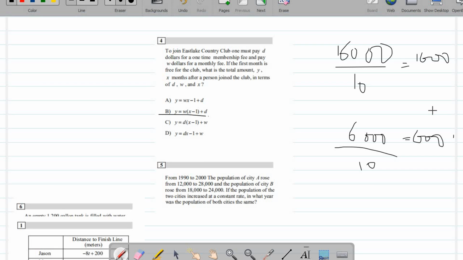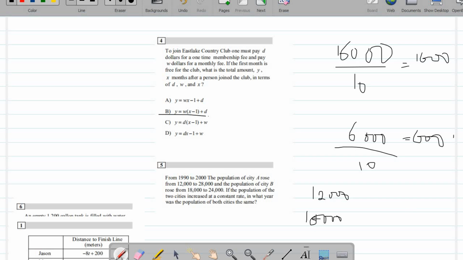So if you look at this, this one here started at 12,000 but slowly crept to 28,000, and this one started from 18,000 and slowly crept to 24,000. So let's say we're looking for a year where both of them are the same.